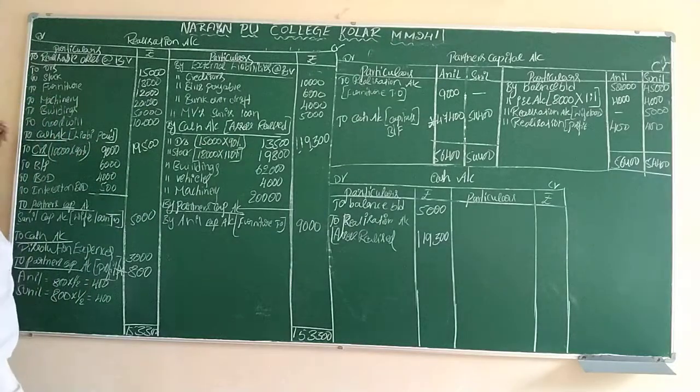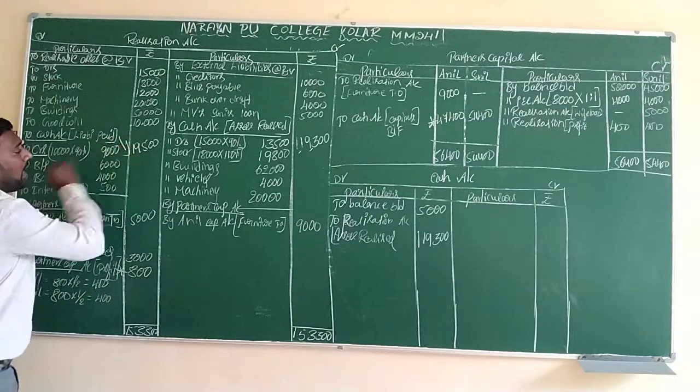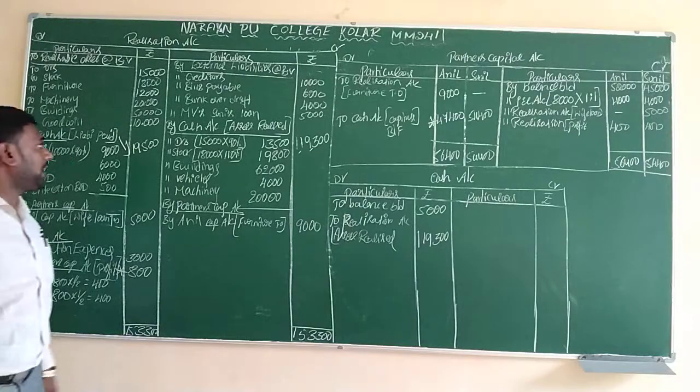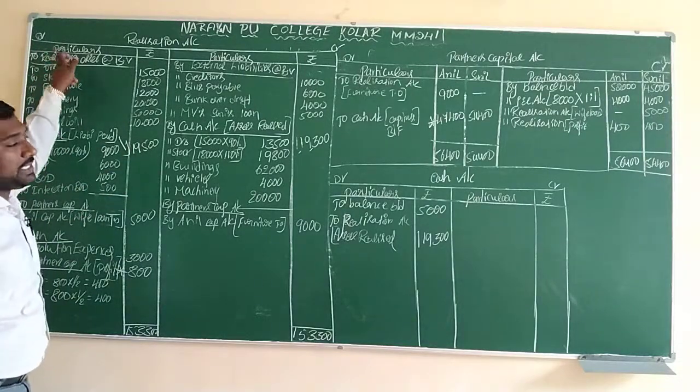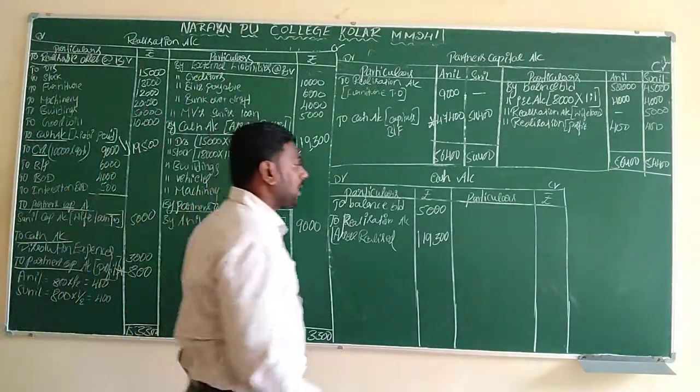This is where we get this value, from step number 3 of the realization account. Let's come to step number 4. Again we have to use the term cash account. What does that mean? Liabilities paid. How much? Already we classified here 19,500. The difference we put on the debit side, so that value we transfer to the credit side.